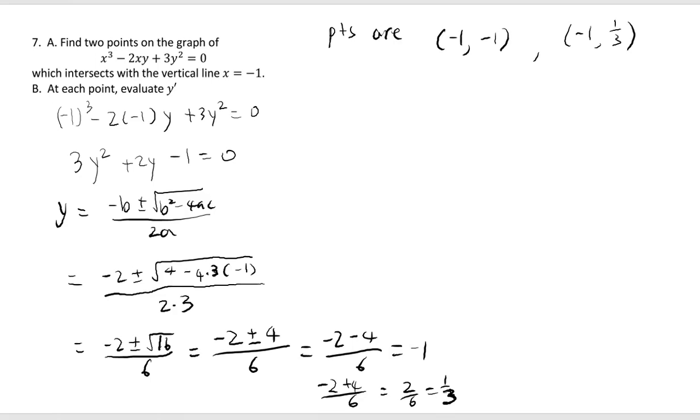That should be obtained by using implicit differentiation. Now this is a quadratic equation for y, so it is possible to solve this for y, but that's still really hard to differentiate. It's much better to differentiate this using implicit differentiation. So let's go ahead and differentiate.